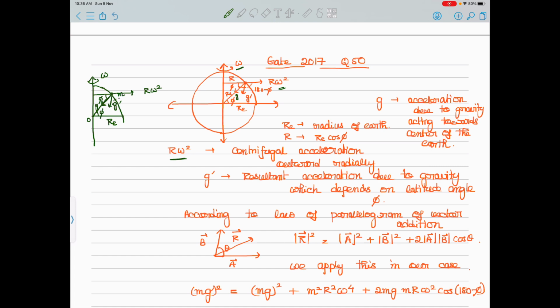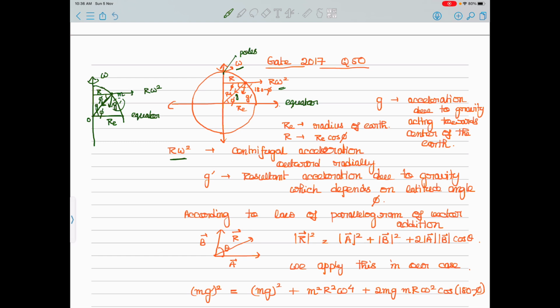g dash is the resultant vector, and as you can see, this r which is written here will change as we go from the equator to the poles. This is the equator, this is also the equator, and this is the pole.